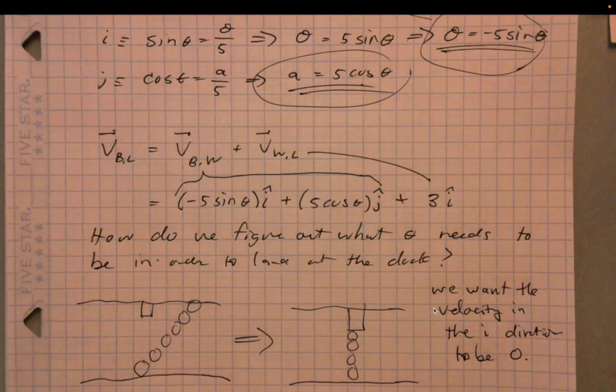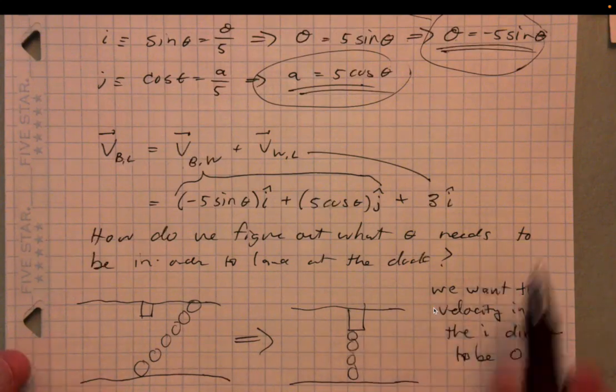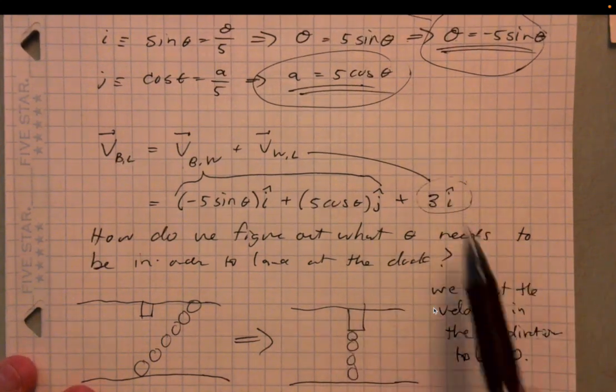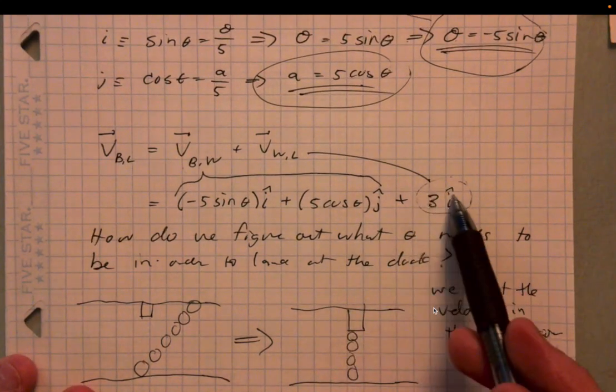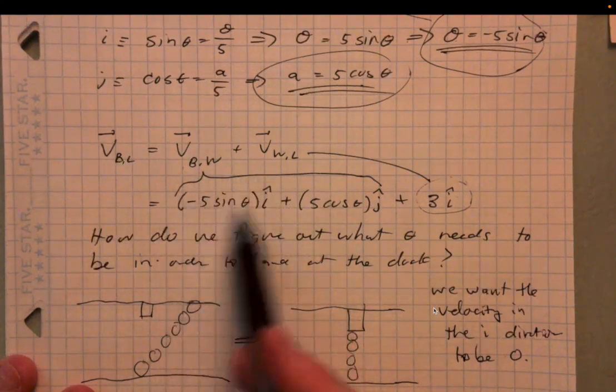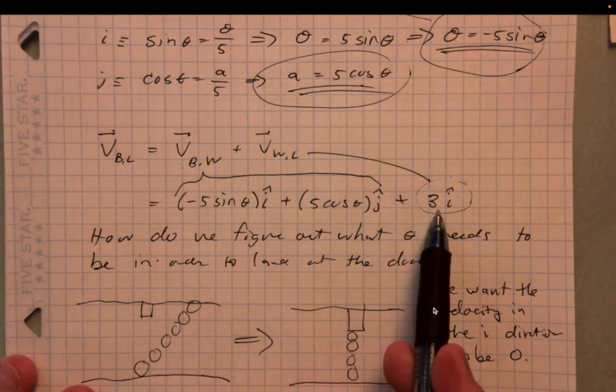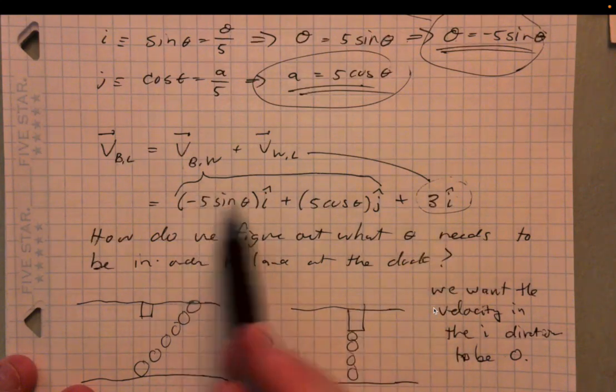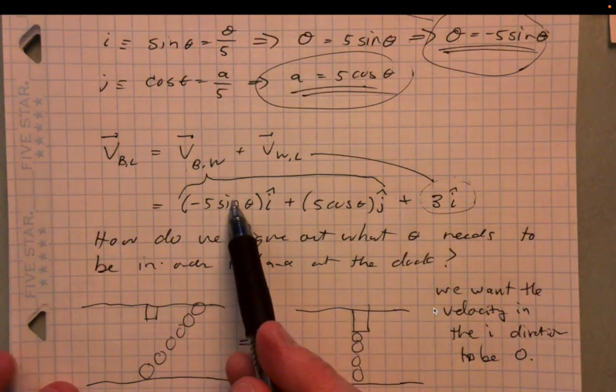Okay? If the velocity in the i direction is 0, that means the velocity is all in the j direction, right? But we have to kind of counteract this 3 here, right? So this 3 here is going to try to drag us downstream. So whatever we plug in for theta, it needs to completely counteract this, right? So basically this needs to equal -3, right?